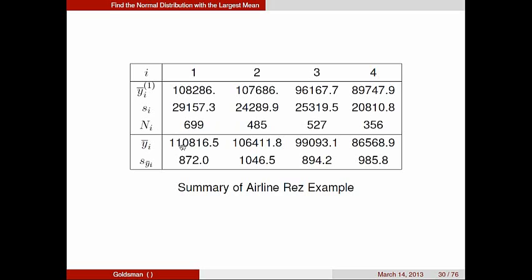The first system has a mean time to failure of 110,000 minutes. The last system, 86,000. But look at these standard deviations now, much smaller. And I can tell statistically that system 1 is in fact the best. So the darn thing worked pretty well. I happen to know, because I ran the simulation myself, that system 1 is the best. This one time, I was right. Very good, so that's a nice example.